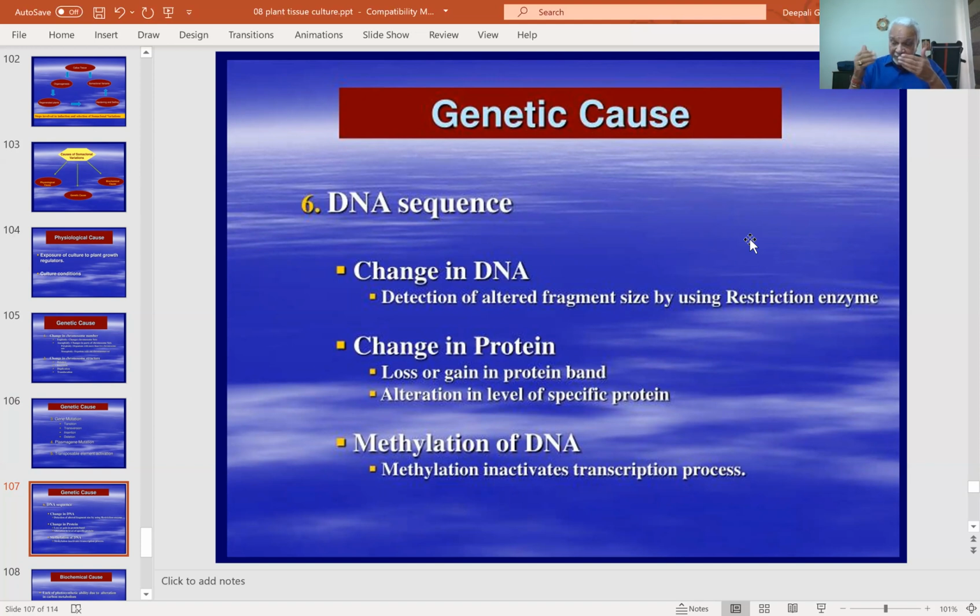These can happen in somatic cells, and when they happen, as you know, it leads to genetic variability. So when you have different clones, in one clone these things are happening, not all together in one cell, but either this or this or this, and they lead to genetic change.